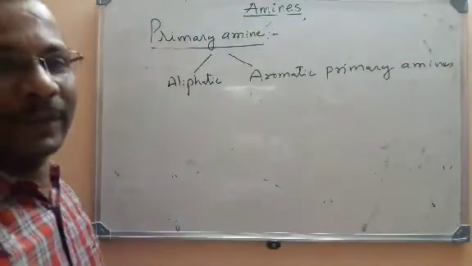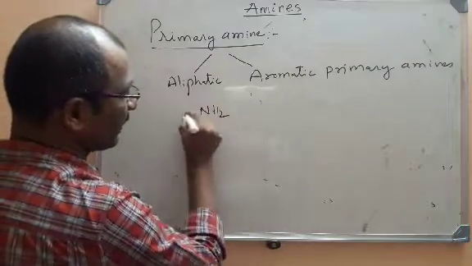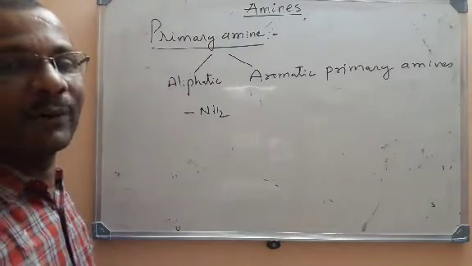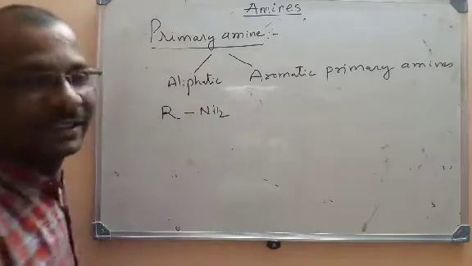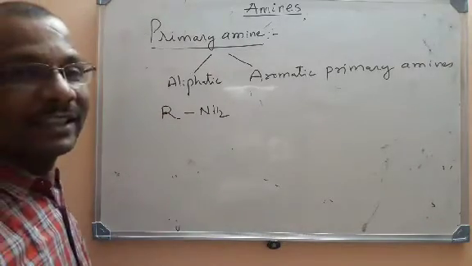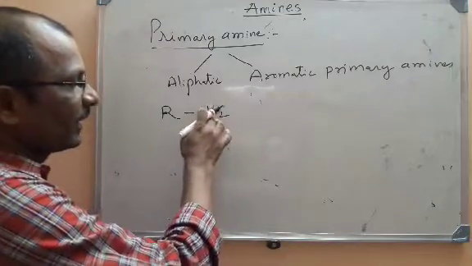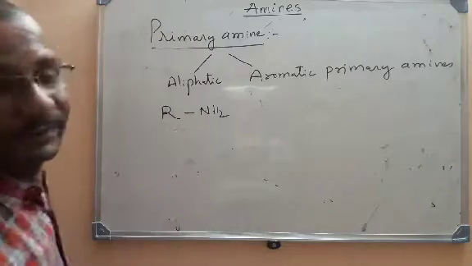What is an aliphatic primary amine? You know, primary amine means immediately the functional group becomes NH2. Aliphatic means that if the hydrogen of ammonia is replaced with an aliphatic hydrocarbon, then it is called an aliphatic primary amine. Here, the hydrogen has been replaced with an aliphatic hydrocarbon part, that is R.